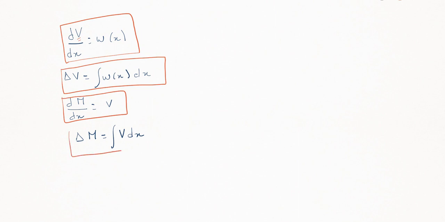Then if we want to get the value of M, we just do the integral. Now remember what I was talking about, the slope of M is the value of shear. So just like I talked about before, this is Vx, so if we have a straight line.